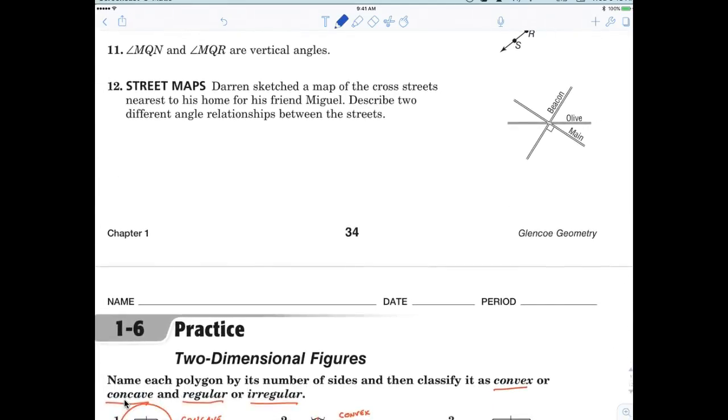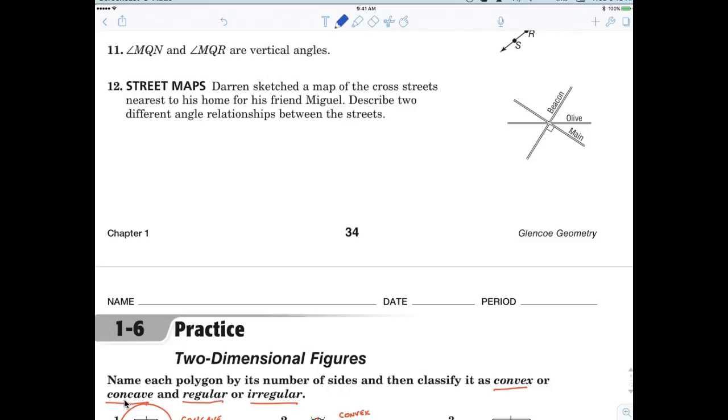It says, Darren sketched a map of the cross streets nearest to his home for his friend Miguel. Describe 2 different angle relationships between the streets. Well, you could say that Beacon and Main are perpendicular to each other. They form a right angle when they intersect, and that's a very good observation.